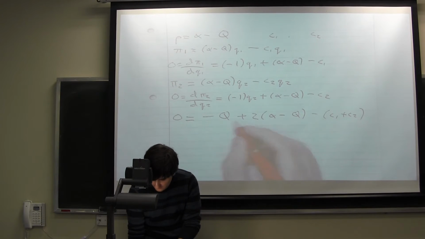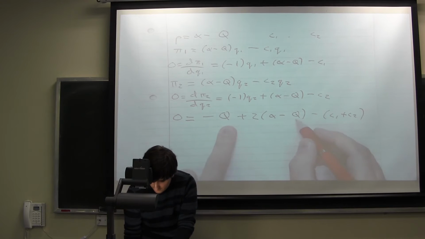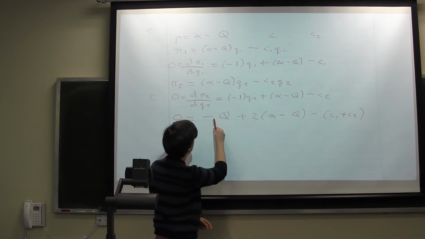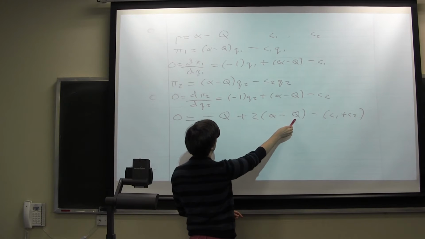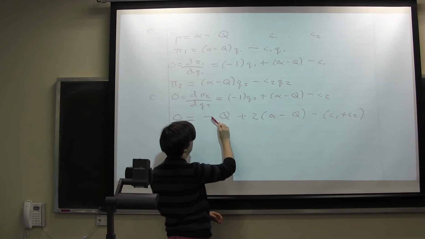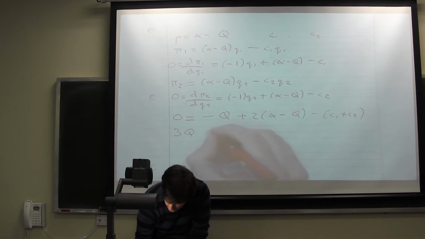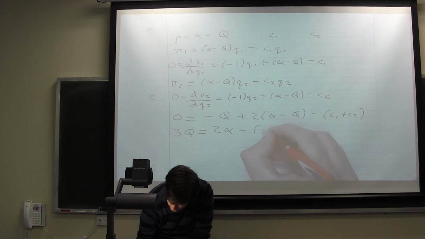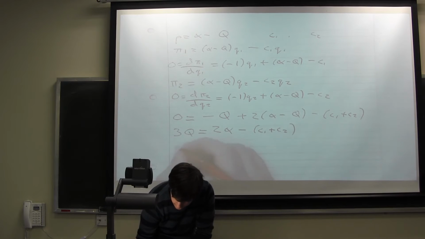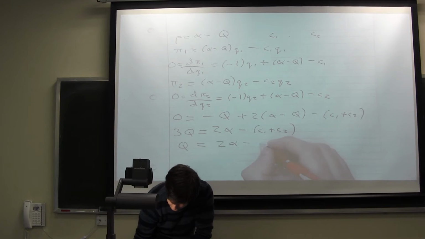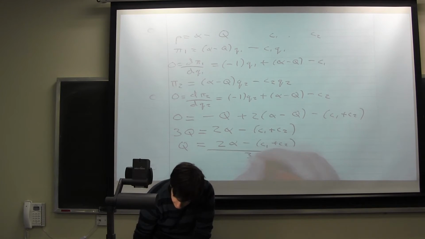Okay, and then we just need to solve this for quantity. So we've got minus q, we've got minus 2q. Okay, so in total we've got 3q. So 3q is equal to everything else. So 2 alpha minus c1 plus c2. So q is equal to 2 alpha minus c1 plus c2 all over 3.